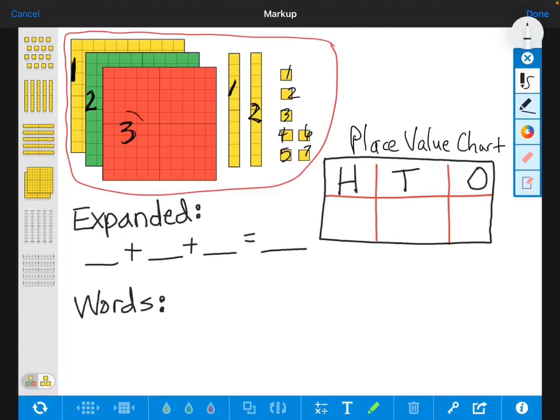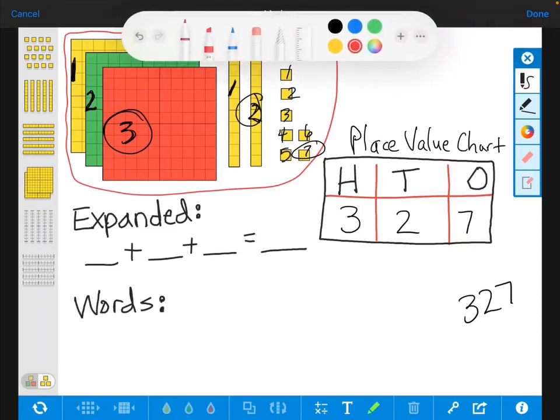I said that I've got 3 hundreds, so I can put my 3 here in the hundreds place. I've got 2 tens, so I can put my 2 there, and I've got 7 ones, and I can put my ones there. And I can easily see that my three-digit number is 327, all right?